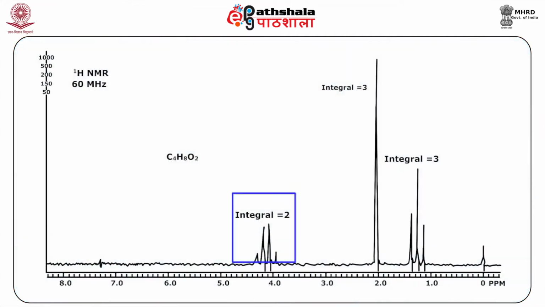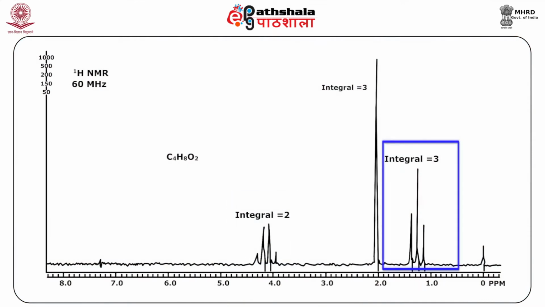The quartet at 4.2 ppm for 2 hydrogens and the triplet at 1.3 ppm for 3 hydrogens indicate the presence of a CH2-CH3 substructure in the molecule. The downfield position of CH2 at 4.2 ppm indicates its attachment to the oxygen atom, which is an electronegative group and hence gives a downfield chemical shift.